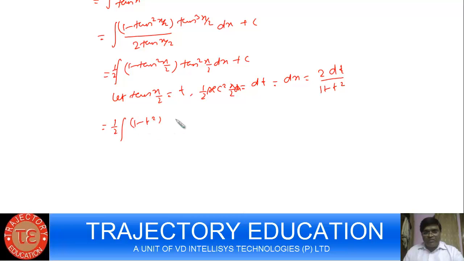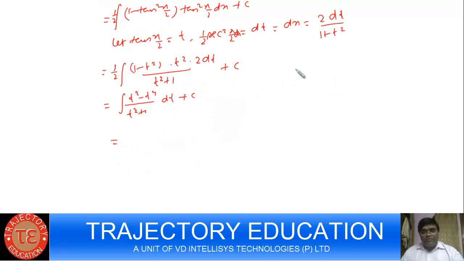So this becomes (1 minus t square) times 2 dt over (t square plus 1), plus a constant. The 2 will cancel out, so this is the integral of (t square minus t to the 4) over (t square plus 1) dt.